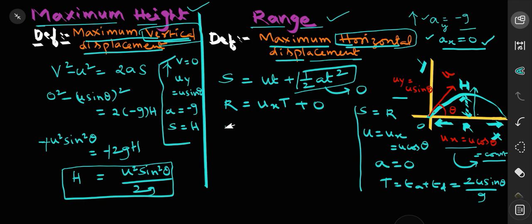R is equal to ux, which means u cos theta, and t is 2u sin theta by g.